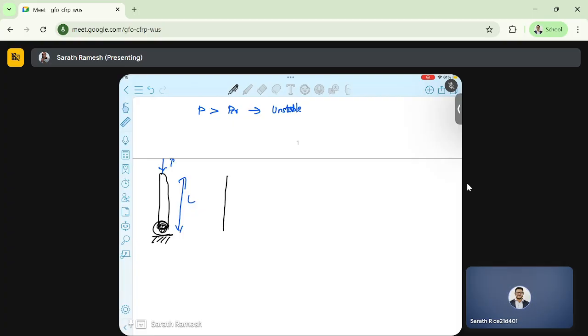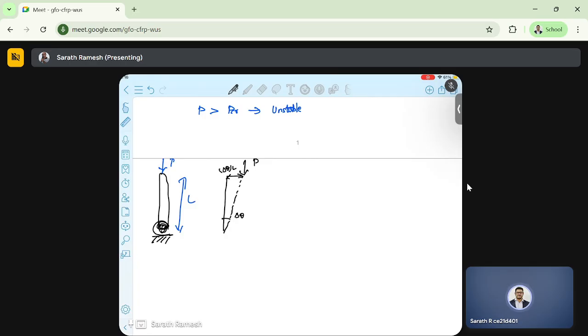This is the initial configuration, so assume this is the final. So it goes here. Say this is delta theta again, some small delta theta. So this will be delta theta times L, right?